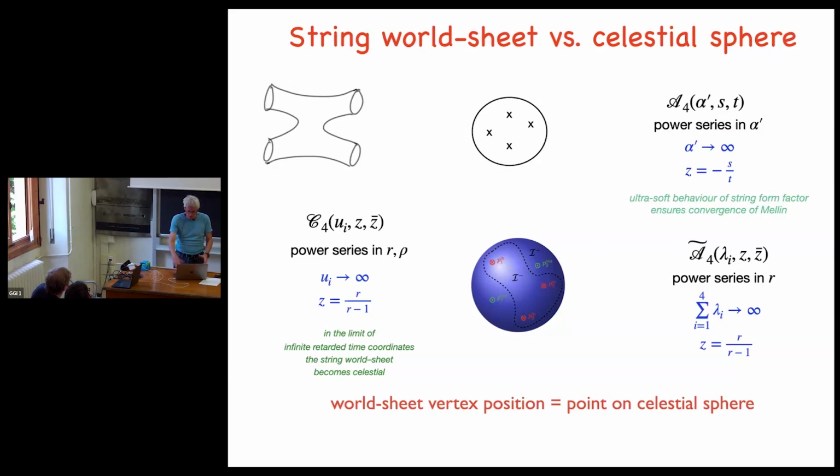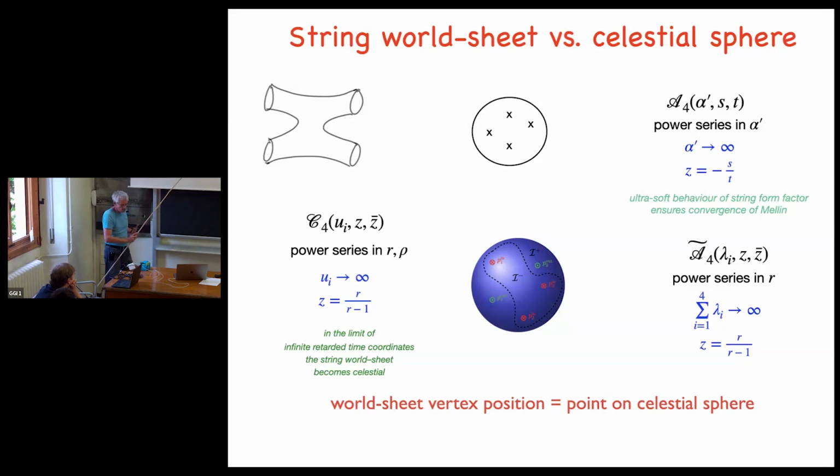But I realized it's even more interesting to answer this question in Liouville theory. Here we found this correspondence between string worldsheet points and celestial sphere points in this infinite energy limit.